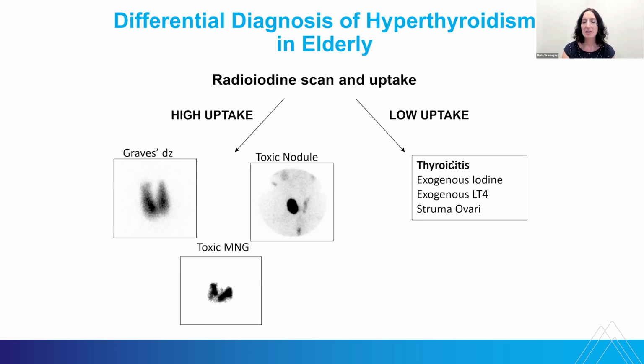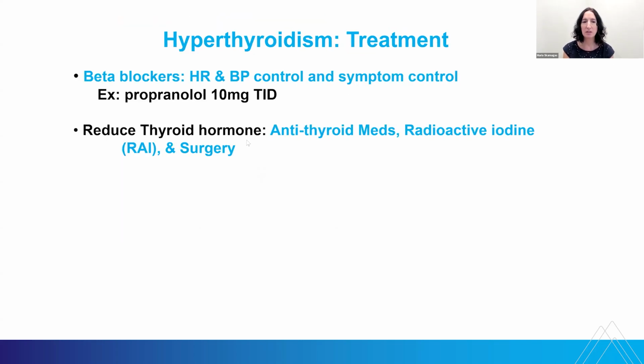If you have low uptake, then that can be a few things: thyroiditis we talked about, and again, exogenous thyroid hormone use or exogenous iodine, or ectopic thyroid hormone production in struma ovarii. So for treatment, first line, we're going to use beta blockers. Remember, we said that thyroid hormone upregulates the beta adrenergic receptors, and so we have to block those receptors to help lower heart rate and lower blood pressure.